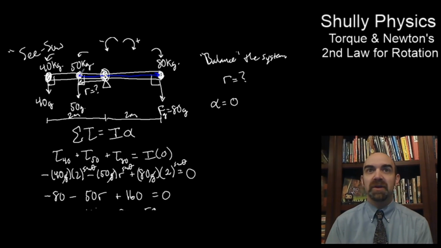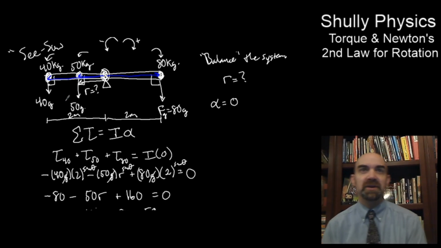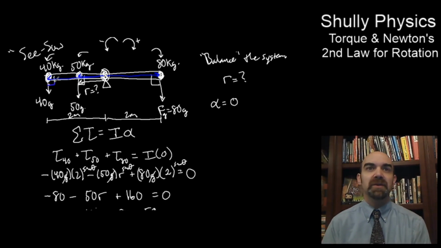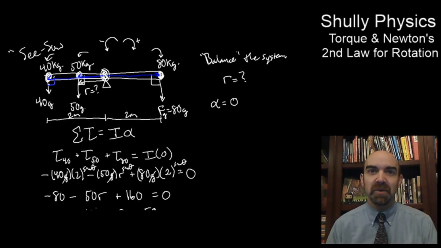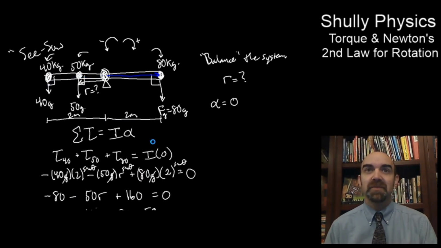The torque arm to the unknown positioned child and the torque arm to the 40 kilogram child are all perpendicular to the weight forces. So because they're perpendicular, sine of 90 is 1. We could multiply all these by 1, but we're going to get the same result. That's why I like the seesaw. You don't get too many confusing angles involved there.